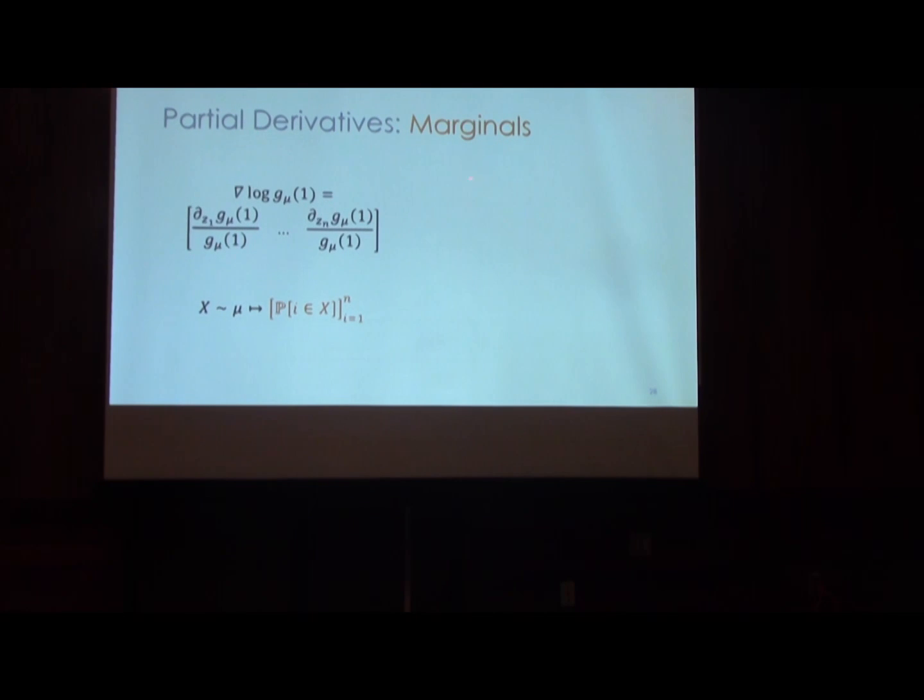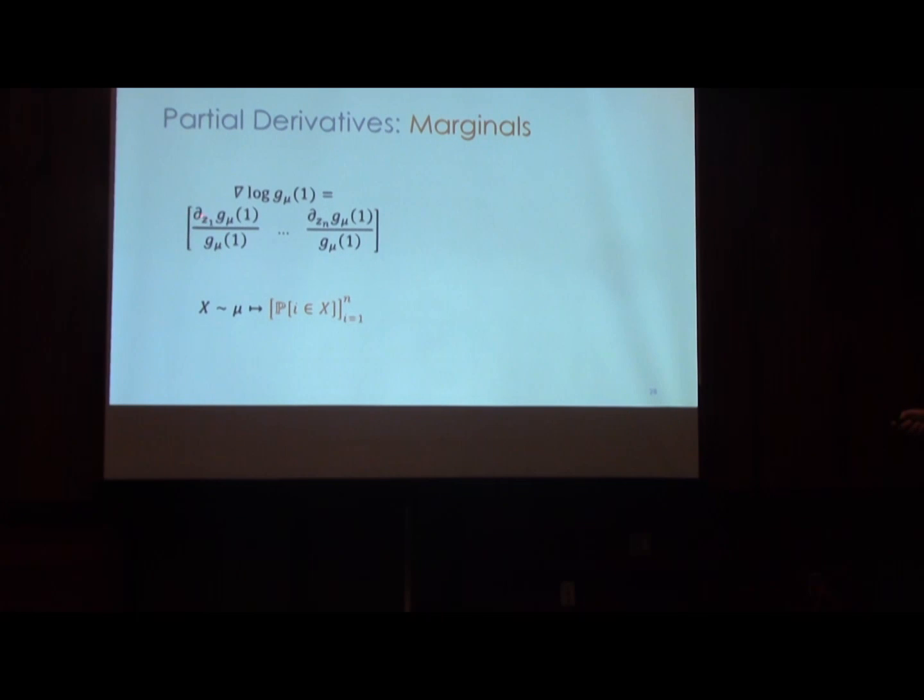So here is the other cool thing you can do with partial derivatives. You're selecting a random set according to a strongly Rayleigh measure, and you want to know the probability of one being inside the set.